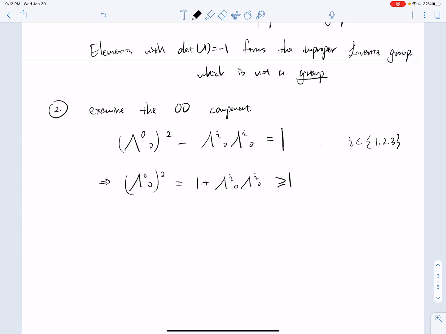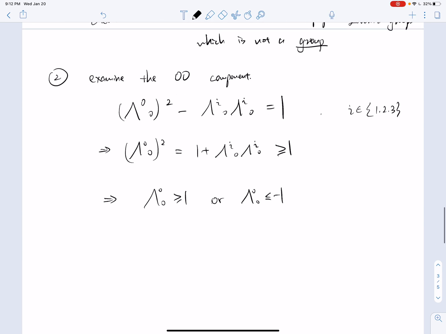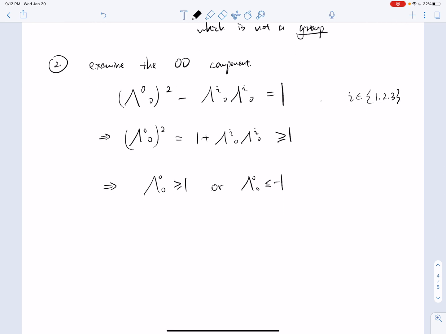So the 0,0th component of the Lorentz transformation squared is greater than or equal to 1, and that gives us two options. Either it is greater than or equal to 1, or it is smaller than or equal to minus 1. And we give them names.